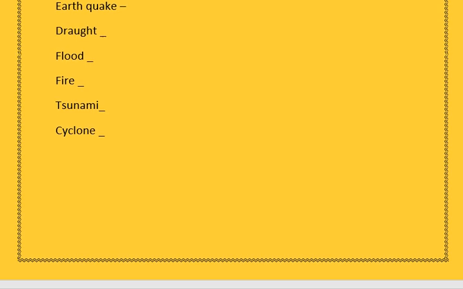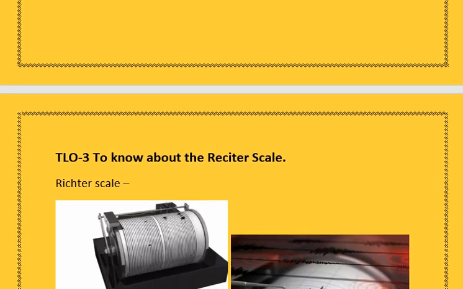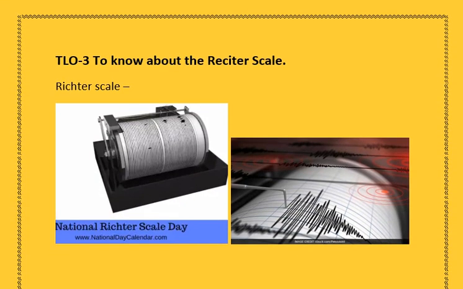Now the last TLO, which I want to give my children, is to know about the Richter scale, because our chapter number 14 is especially related to the earthquake. So I have chosen this one for you, children.